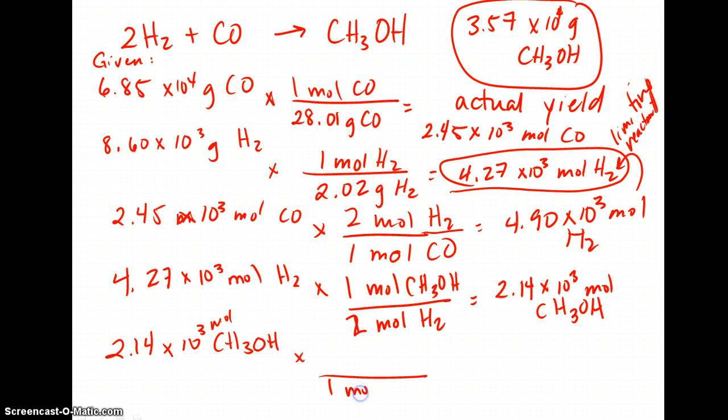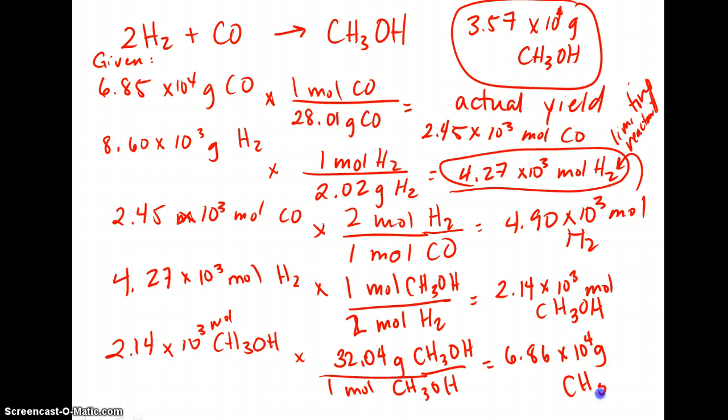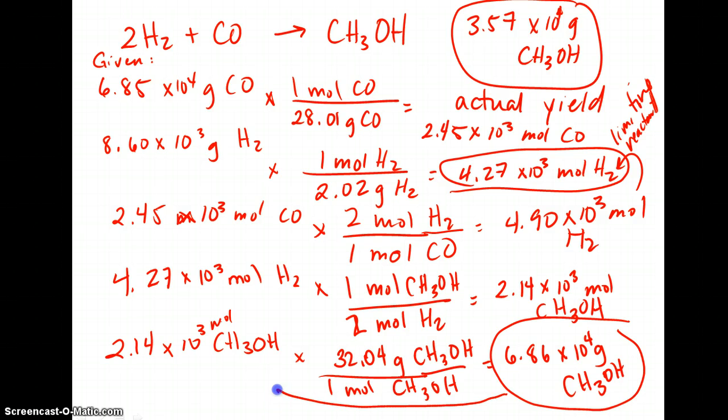So 1 mole of CH3OH is equal to 32.04 grams of CH3OH, which works out to be 6.86 times 10 to the fourth grams of CH3OH. That means this is the quantity I theoretically should have had, and we call this the theoretical yield.